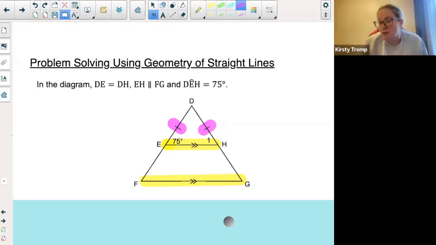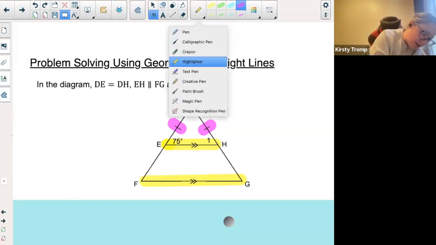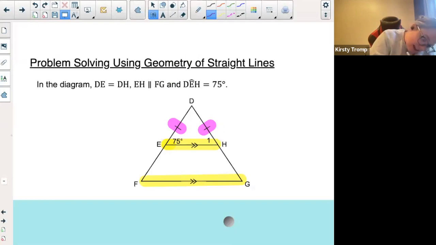Those little lines mean that it's an isosceles triangle. And if I have an isosceles triangle, it means that this angle is going to be equal to that angle. So already some stuff is coming to life because we've got equal sides of a triangle, which makes that little triangle an isosceles triangle.